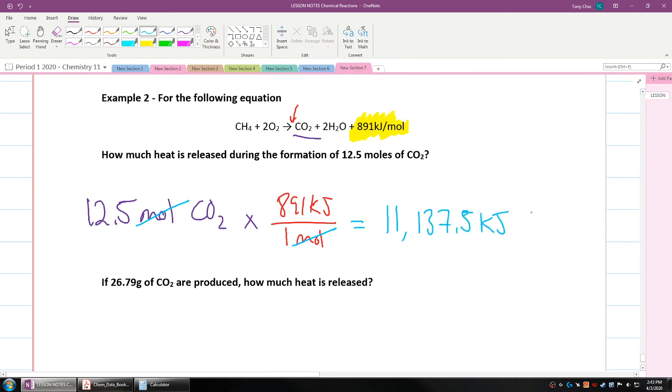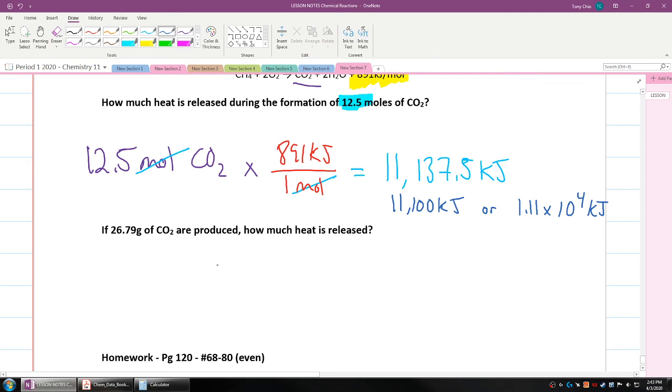But this needs sig figs. Because there are only 3 sig figs here, we could write this either as 11,100 kilojoules, or in scientific notation, 1.11 times 10 to the 4 kilojoules. Either will work.